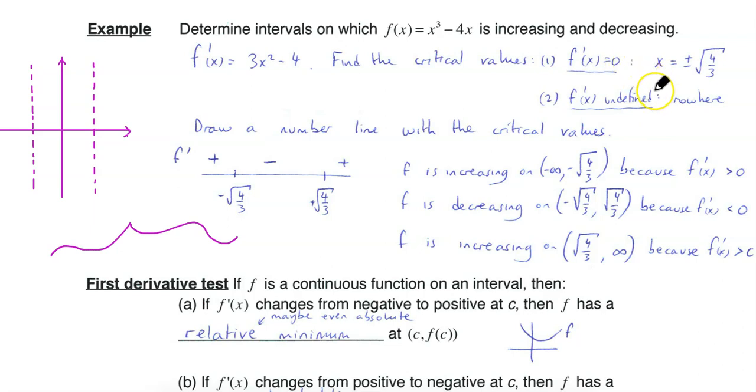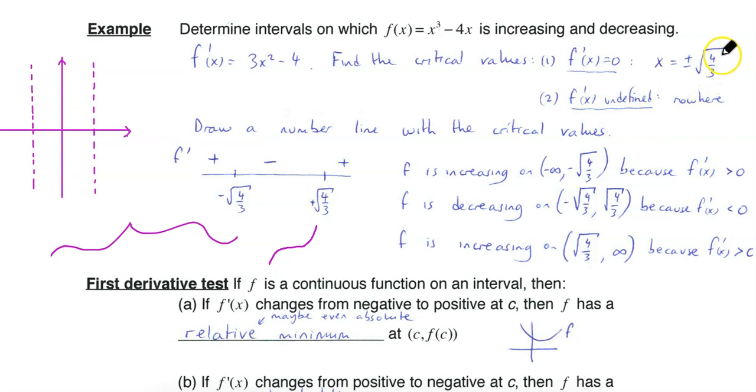So these are the places where there's a potential for a switch between increasing and decreasing. I say potential for a switch because we could have a function that goes up, then f prime is 0, and then it goes up again. So here we would find that as a critical point if f prime of x was equal to 0. And it doesn't have to switch between increasing and decreasing. Here it's increasing, 0, and increasing again.